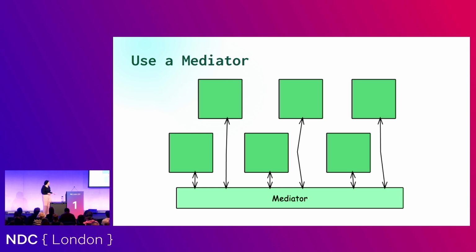So what this does is each individual module can talk with the mediator, and then the mediator will pass that on to the other module. So they talk via this mediator, which is, we've decoupled the modules from each other, and we've just got this one layer that's handling all of that communication, a bit like the web API.